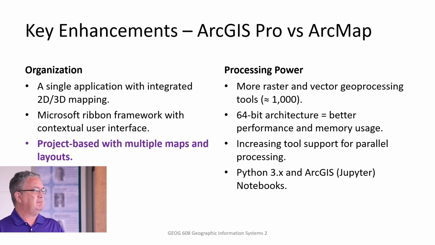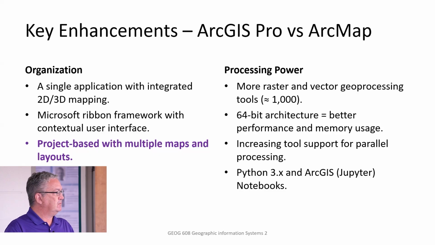It's nice because in that one folder, we can have access to all the data that we need for a given project and create as many two-dimensional or three-dimensional maps to support our work. The older ArcMap software was map-based, so you could produce one map.